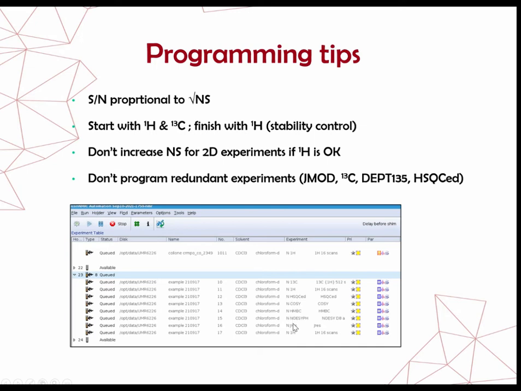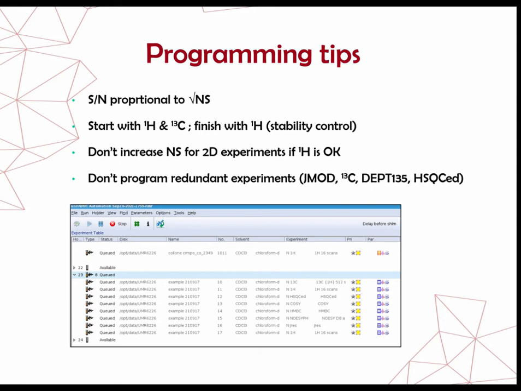And if you have a long two-dimensional experiment series, always end with another proton spectrum, which will be useful to check if your compound is still okay after the other experiments.